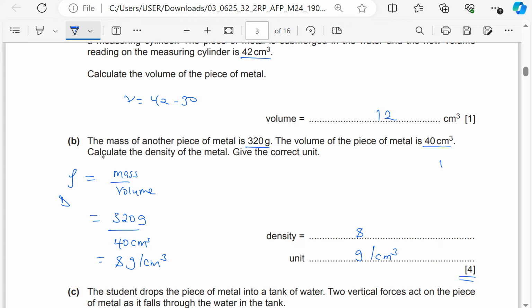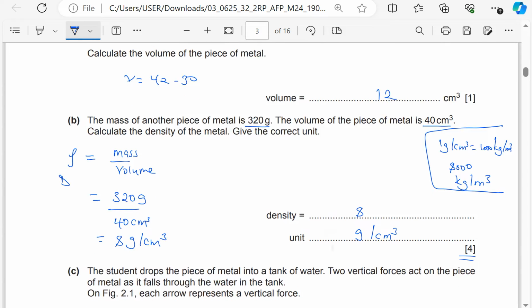Alternatively, we know that 1 gram per centimeters cubed is the same as 1000 kilograms per meters cubed. So another answer could be 8,000, with units kilograms per meters cubed, if you want your answer to be in kilograms per meters cubed.